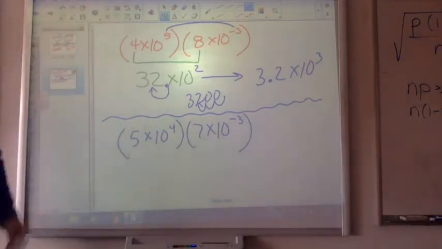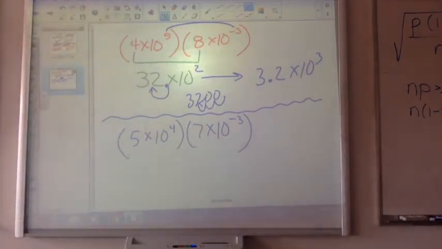It's done the exact same way. Follow it through. See if you can figure it out. Got it?